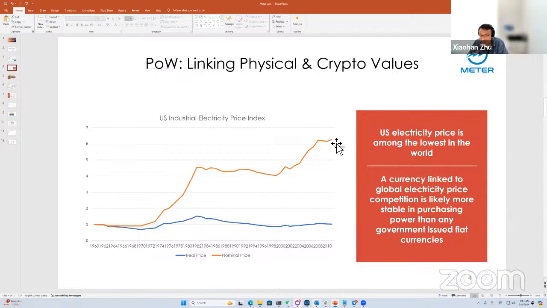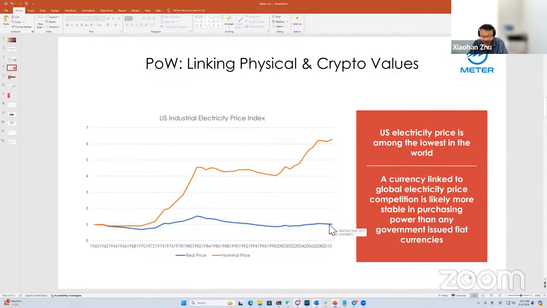So basically all this 6.5x is just inflation, the actual printing of the US dollar. While the electricity price, if you measure in real purchasing power, didn't really change over the last 60, 70 years. So this is a more stable anchor than any fiat currency in the world.